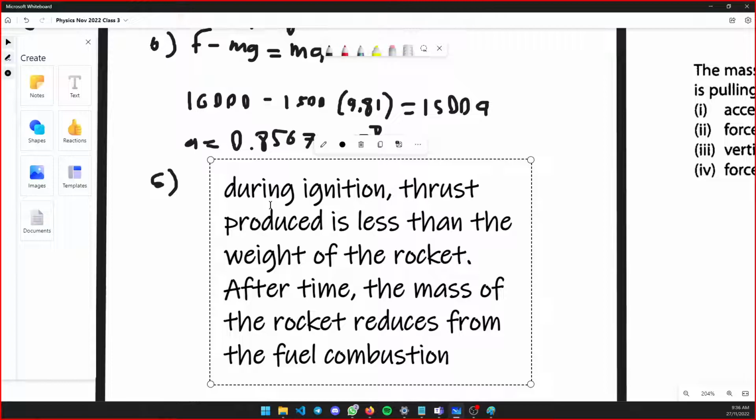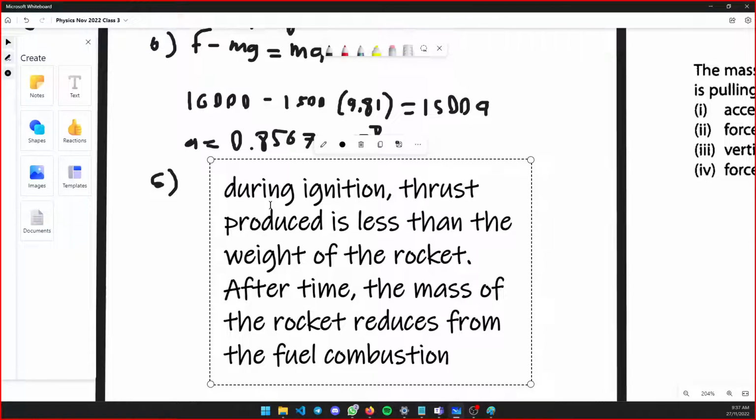The problem with these rocket scientists is they have to find this perfect equilibrium where there's just enough fuel to burn, and after the burning process, the mass reduces so much that it can lift off.